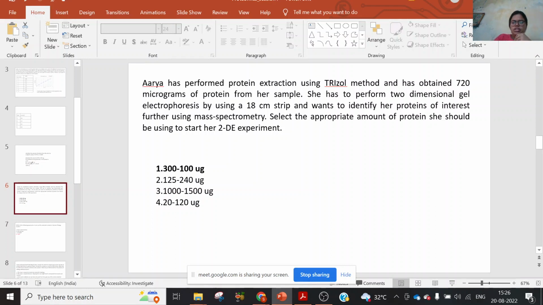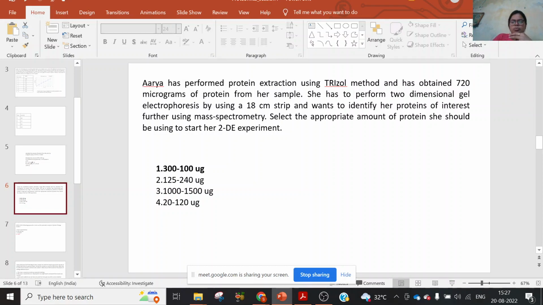Now, option 3 is 1000 to 1500 microgram of protein. The protein that you have obtained is only 720, so this cannot be the correct option. Basically, option 1 is much closer to what is generally practiced.